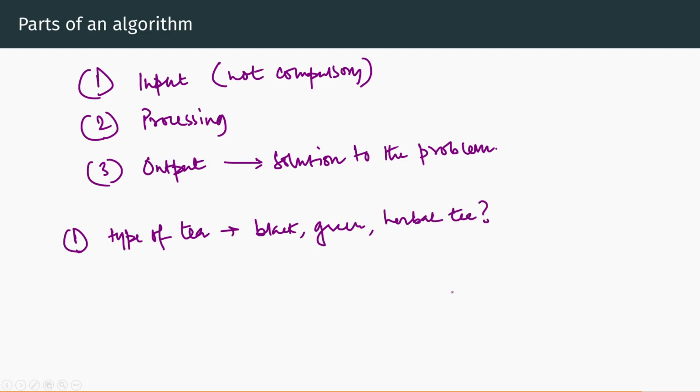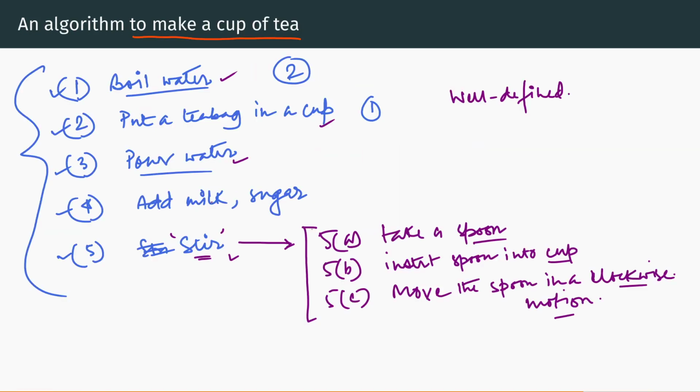Because if you go back to the algorithm, I said put a tea bag in a cup, pour water. I should have added one more step in here, which is steep, which is essentially wait. Steeping is waiting. That's it. You steep the tea bag in the hot water. So maybe you steep for 5 minutes.